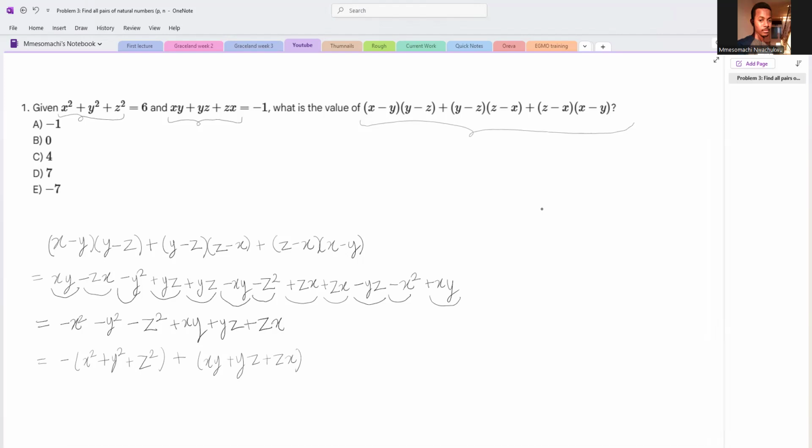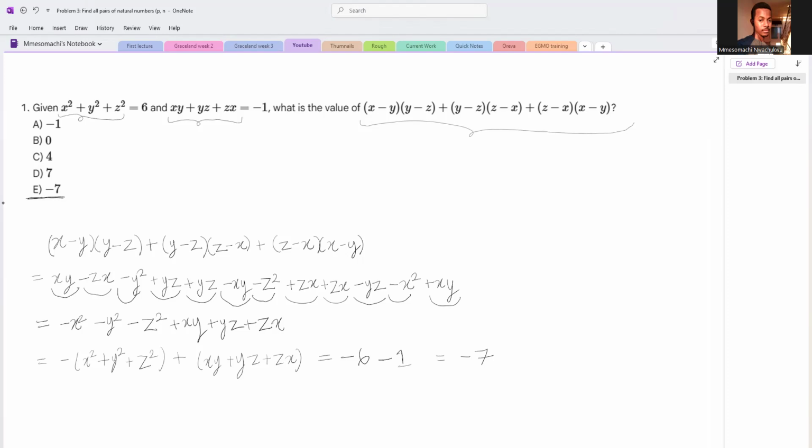And this is equal to, remember, minus x squared plus y squared plus z squared, which from the question is given as 6, so this is going to be minus 6. And then we have xy plus yz plus zx, which is minus 1, so this is going to be minus 1. And it's going to be equal to minus 7. So that should be option E.